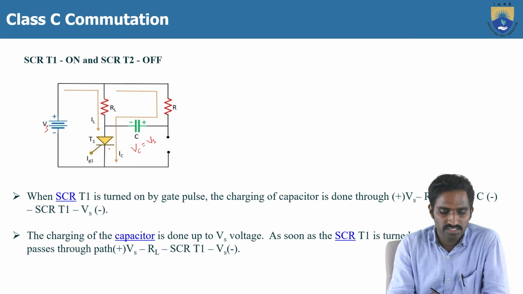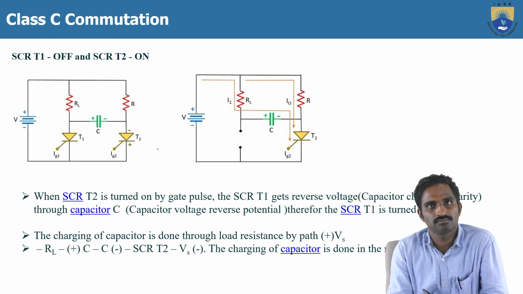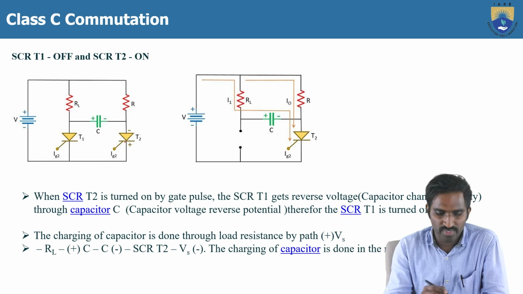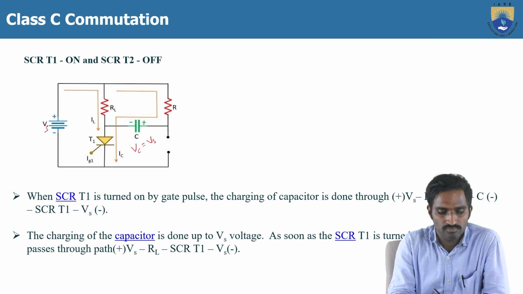Then, to turn off the thyristor T1, we are going to turn on the thyristor T2. Now, by giving the gate signal, the thyristor T2 is turned on. Before that, you can see the terminals of the capacitor are plus and minus, because the capacitor was charged in this way.